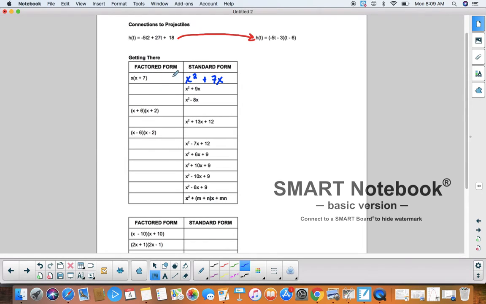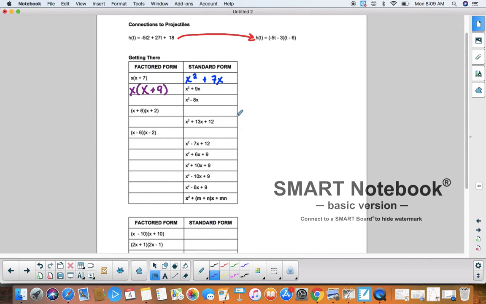So if we use this first step as an example, you can see the thing that's different from x squared plus 9x and x squared plus 7x is the 7 became a 9. So in my example then, it should be true that if I change the 7 to a 9 and make this x plus 9, when I do the distributive property, I should get x squared plus 9x. X times x is x squared, x times 9 is 9x.